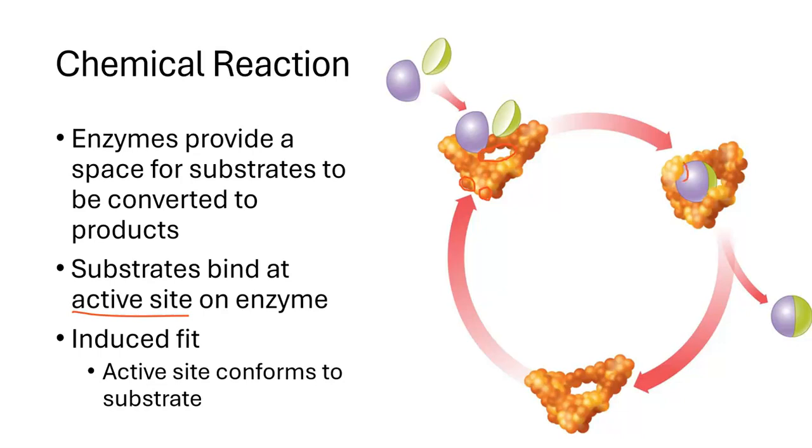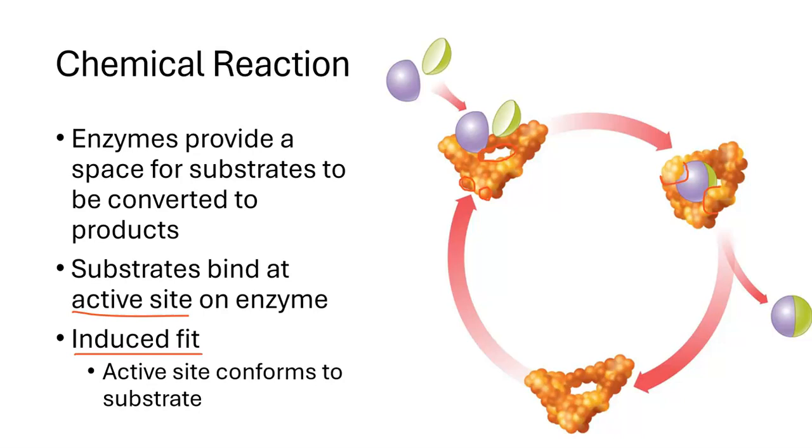It almost looks like there's two little hands right here, right, that are coming out and kind of wrapping around our substrate molecule. And this is what we call induced fit. So the enzyme is changing its shape slightly to create a very snug fit with our substrate. And this creates a nice little environment for the chemical reaction to proceed.